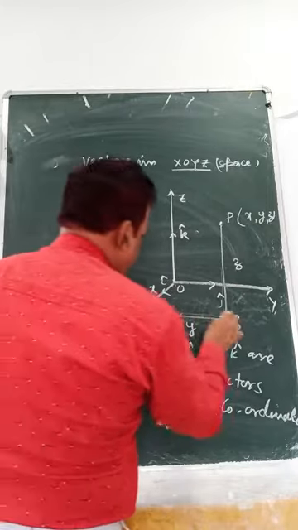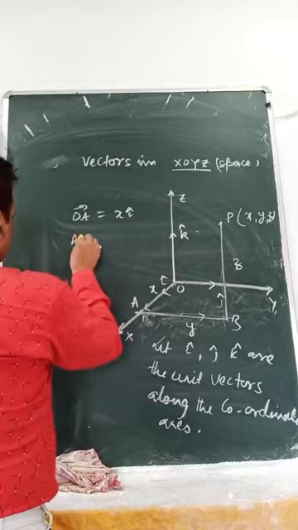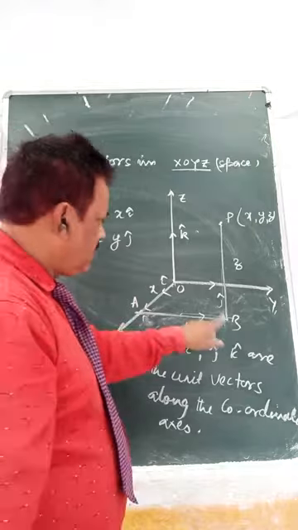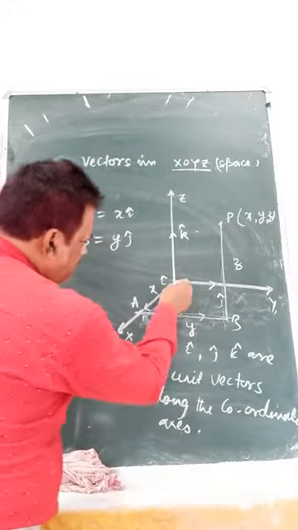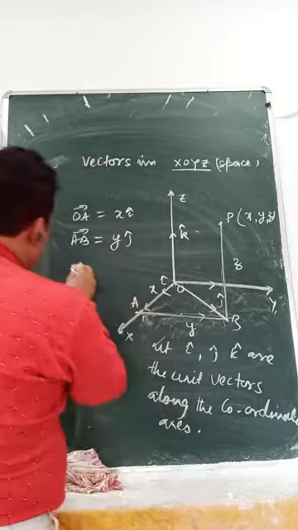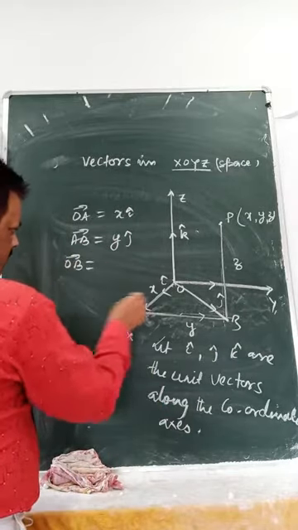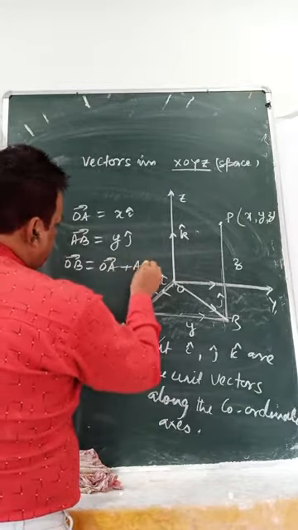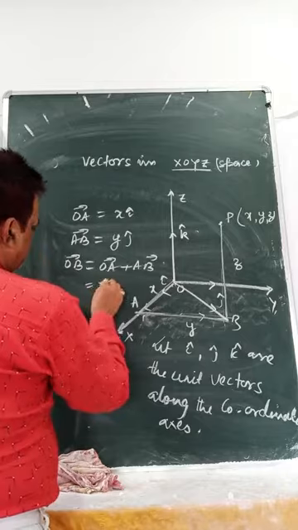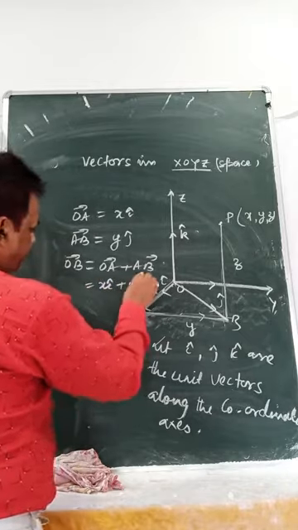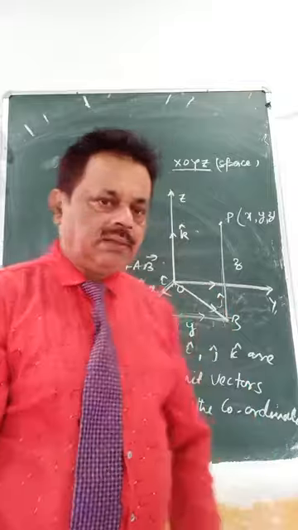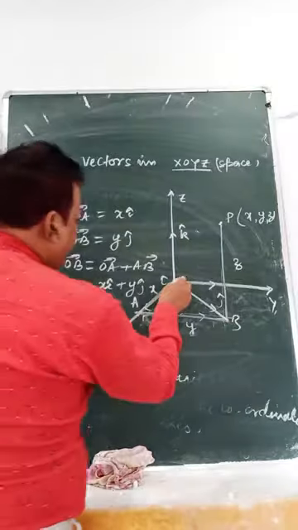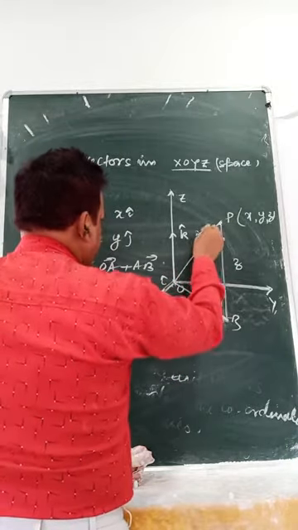Okay, AB is yj, y the magnitude and j the direction. Then from there you get OB by the vector law of addition. What is OB now? OA plus AB, so that is xi plus yj. Now if you want to find OP, this is your r vector.